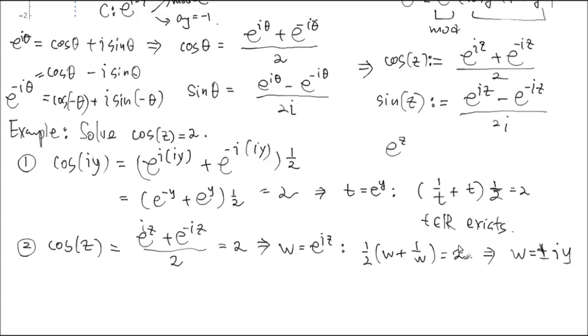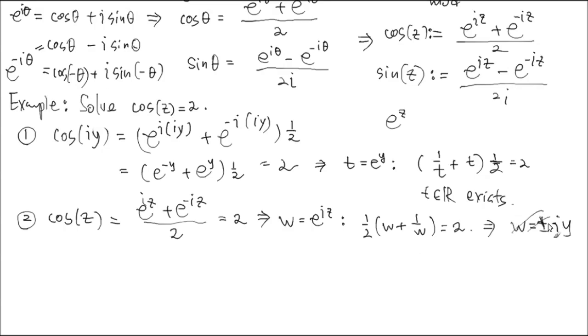Yeah, since we have time, let me finish this one. All right, ignore that. I'm going to finish this problem with this one. It's a more general method. So if I multiply by 2, I get w plus 1 over w equals 4. Is that right? And if I multiply by w, I get w squared minus 4w plus 1 equals 0.